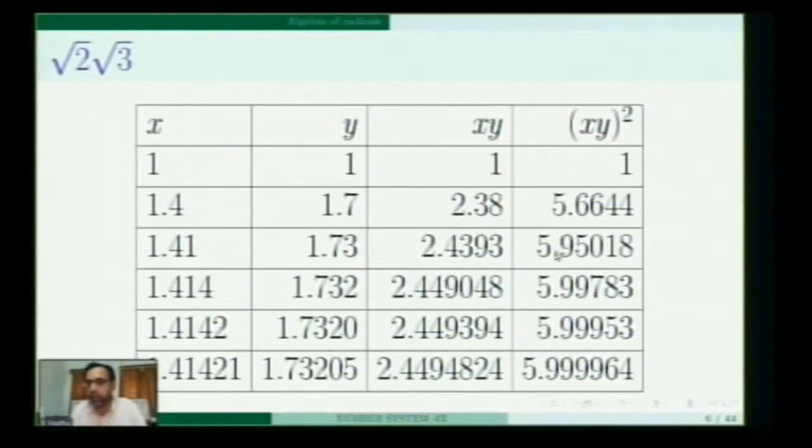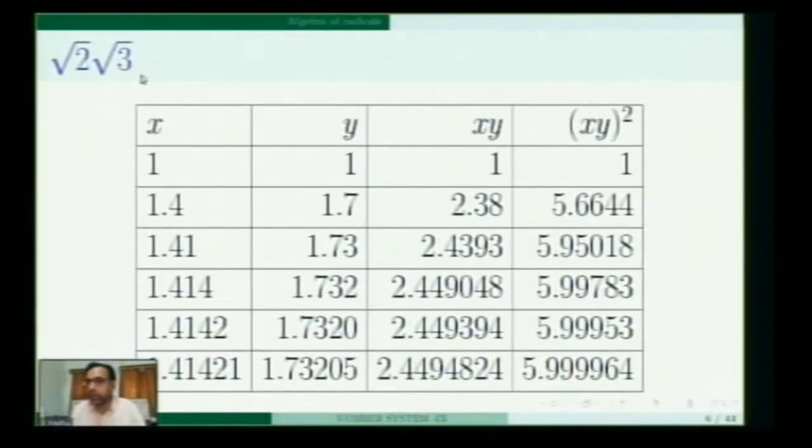These numbers 5, 5.9, 5.99, 5.999, 5.9999 are coming closer to 6. That means these numbers are squares of something. Squares are coming closer to 6, which means these numbers will be coming closer to root of that, root 6. That is, root 2 times root 3 will be root 6.